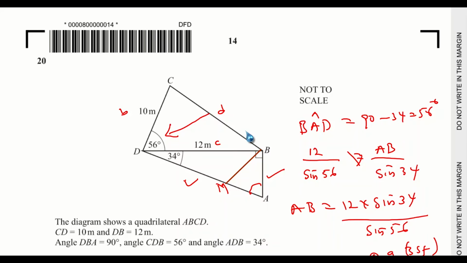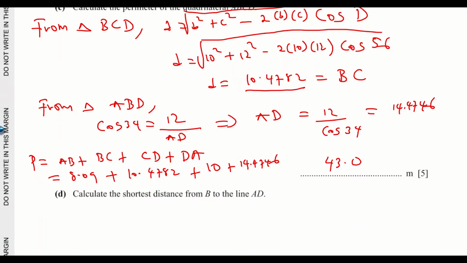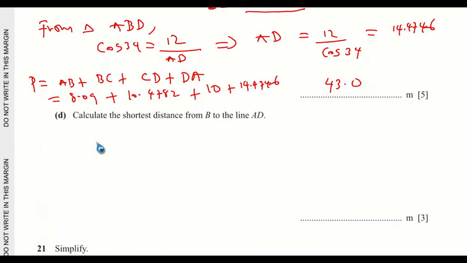So we can use sine 34. That will be sine theta equals opposite over hypotenuse. That will be BM over 12. So let's go and do that now. So we need to scroll down a little bit. So it will be sine 34 degrees equals BM over 12.